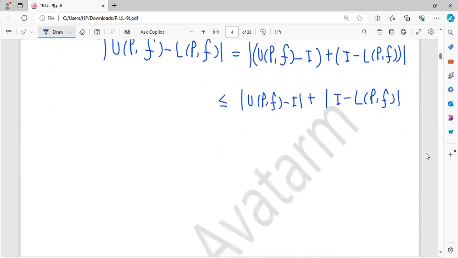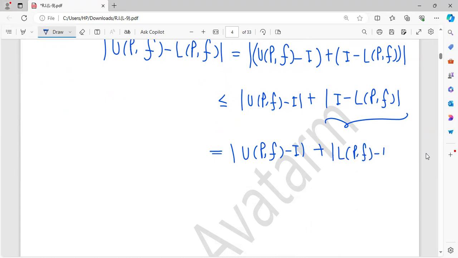Because this is an absolute value, it will not affect anything, you can write it like that, and you can write this L(P,f) minus I. So this is less than epsilon by 2, this is less than epsilon by 2, so this is epsilon.